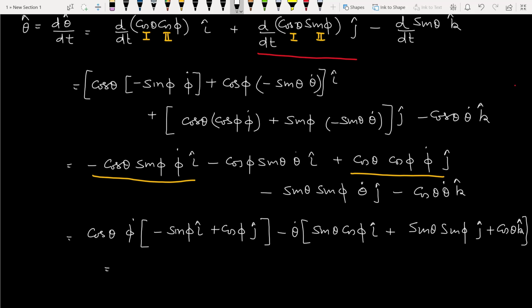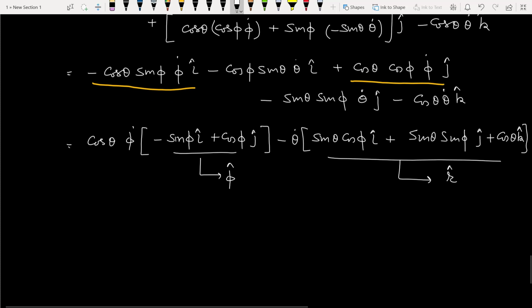So this term is phi cap, this term is r cap. So what we get? Theta cap dot is equal to cos theta phi dot phi cap minus theta dot r cap.